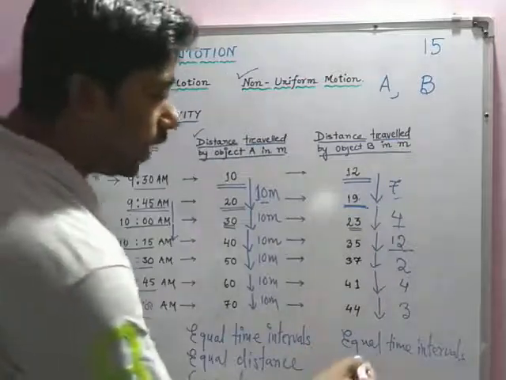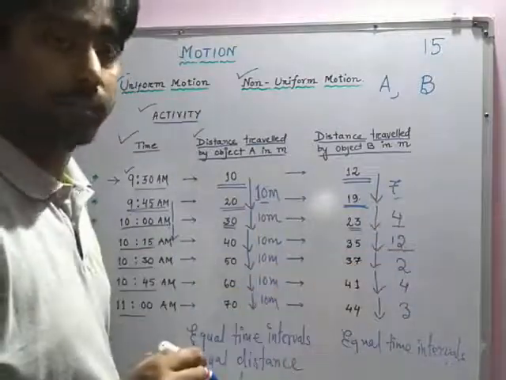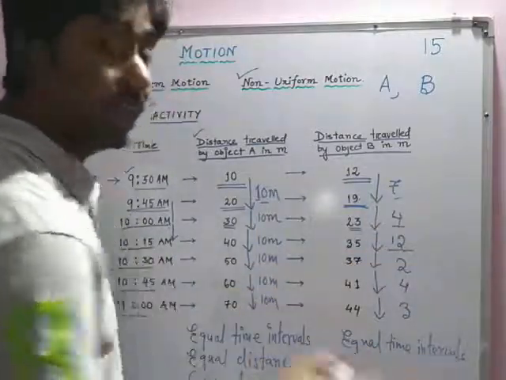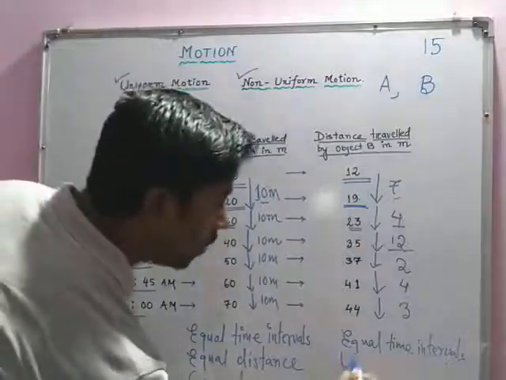That means in equal time intervals, this time the distance covered is not the same. So we write unequal distance covered.